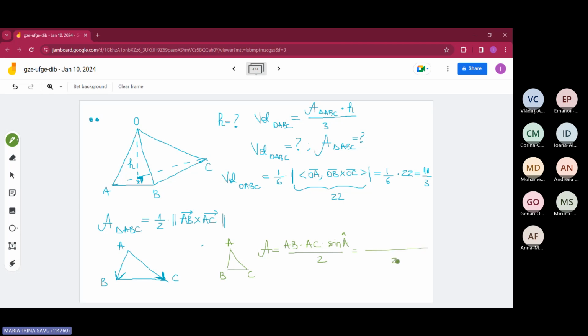And this is actually the norm of the vector AB times the norm of AC, because the norm is the length, times sine of A, which is actually the norm of AB cross AC over 2. Okay? I will give you 2 minutes to find this norm.